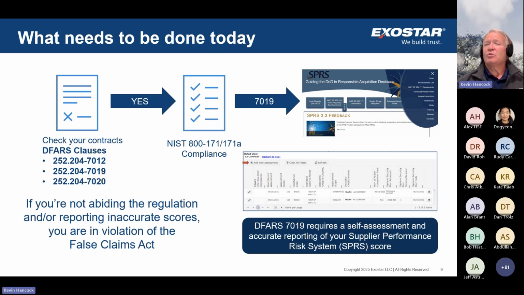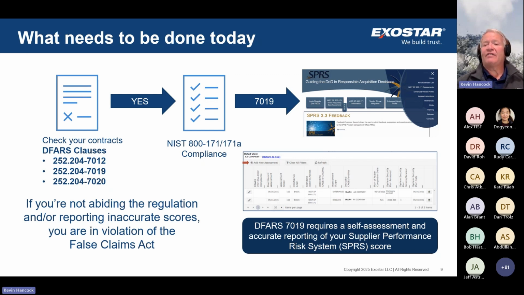That clause required you to ensure that you meet NIST 800-171 if you receive controlled unclassified information. A few years later, another clause, 7019, was also included, so you have two of these. What 7019 says is that if you receive controlled unclassified information, you need to perform a self-assessment and you need to score that self-assessment.